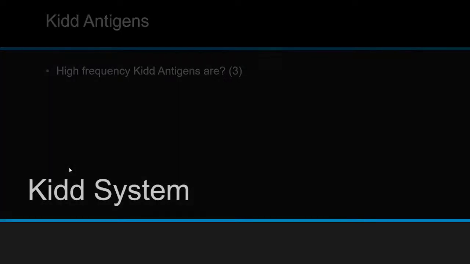Antigens of the Kidd blood group system are among those blood group systems that have increased activity when enzymes act upon them. Review question again: what are the enzymes that we use to increase the activity, or the reactivity, of blood groups?